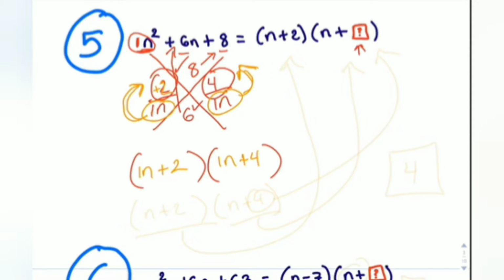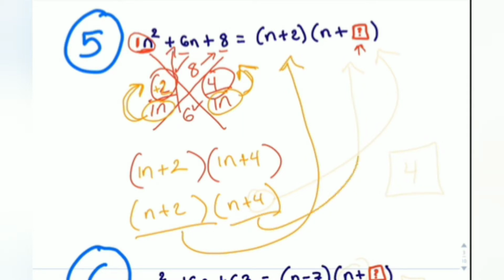We simplify to make it look pretty: n plus 2, and n plus 4. So this is our answer. n plus 2 is already here, and n plus 4 must be this one, so the missing number is 4.